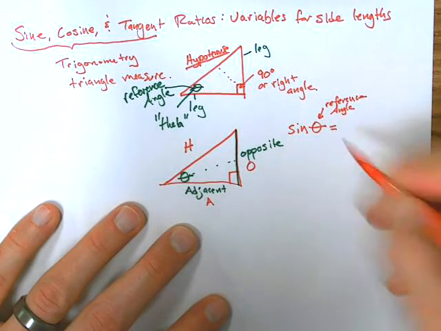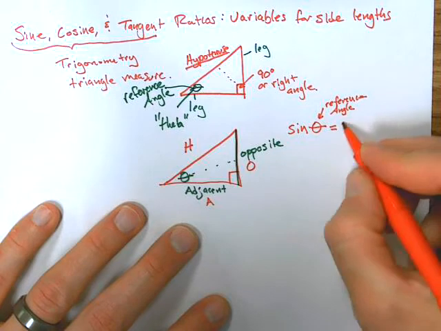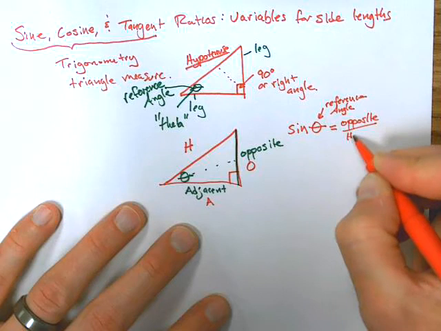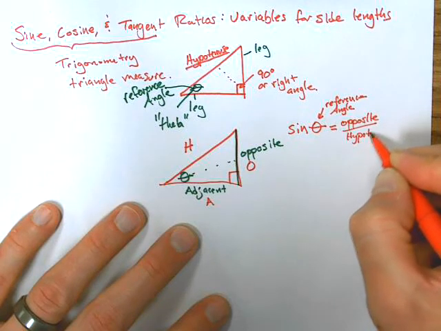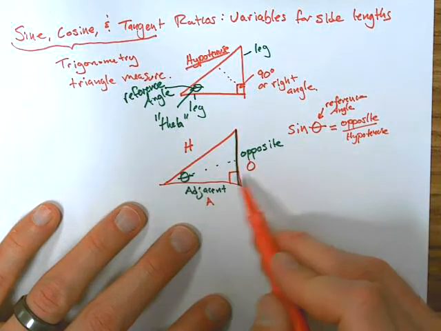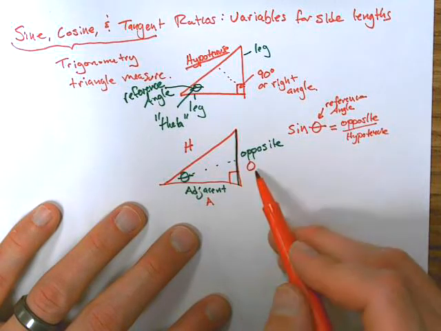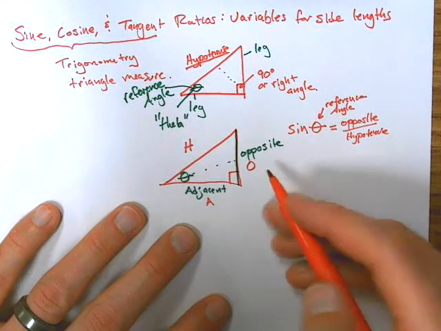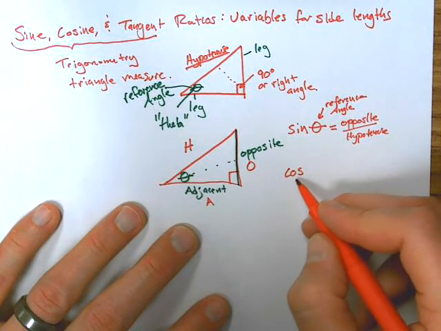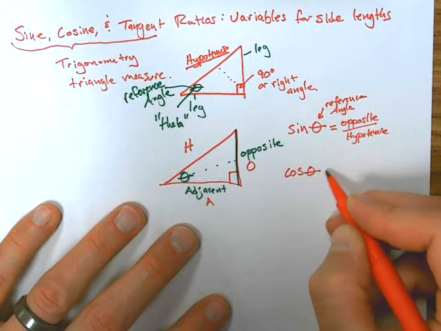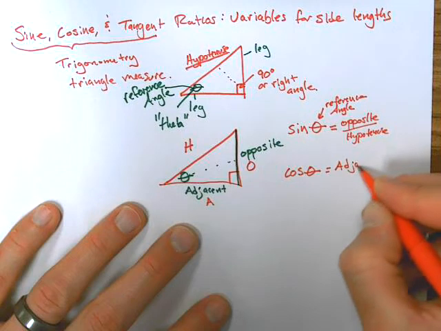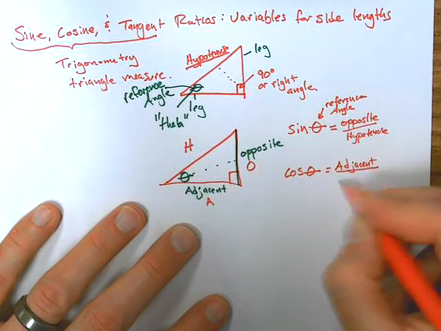And that's equal to a ratio of the opposite side to the hypotenuse. That's all sine is. So the sine of this angle is just whatever this length is, the opposite, over the hypotenuse. Cosine is written cos for short of cosine. So the cosine of theta is the adjacent side over the hypotenuse.